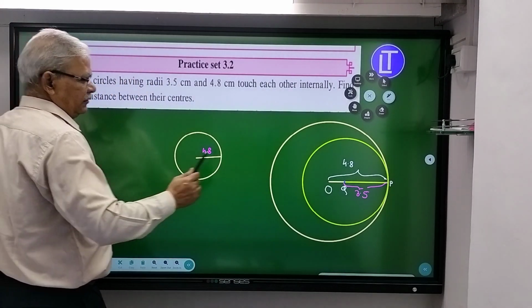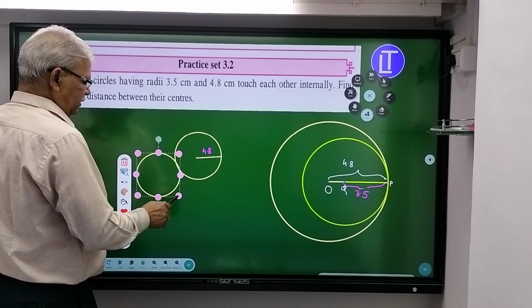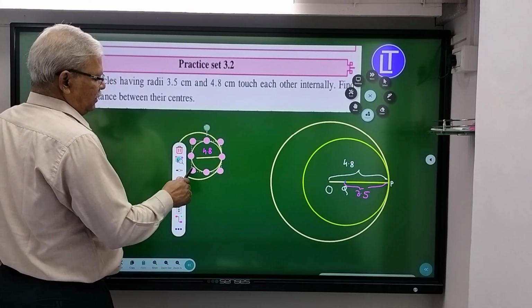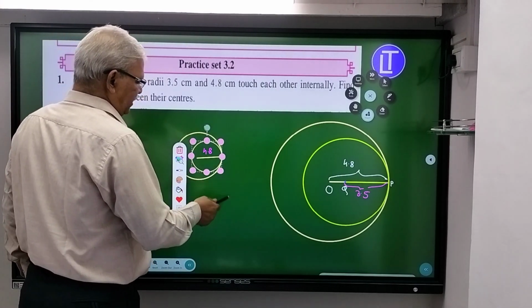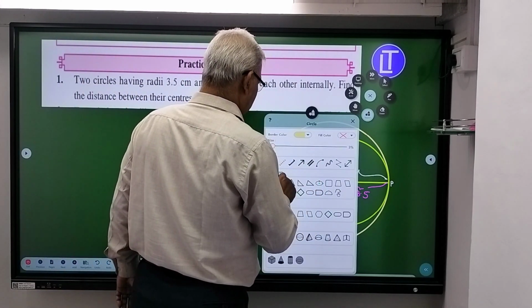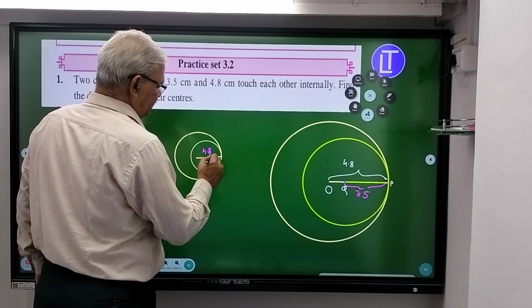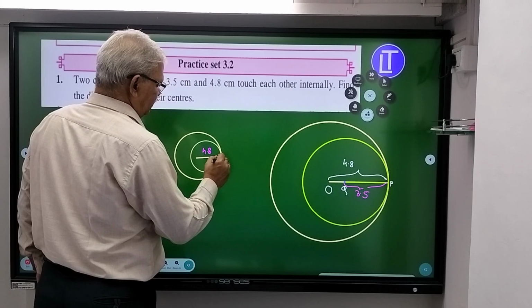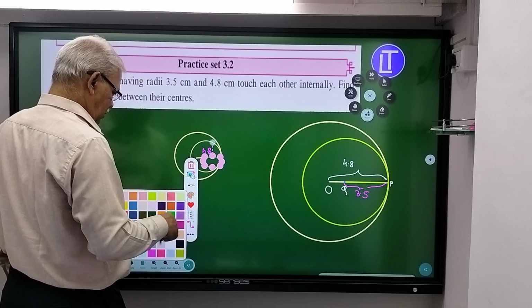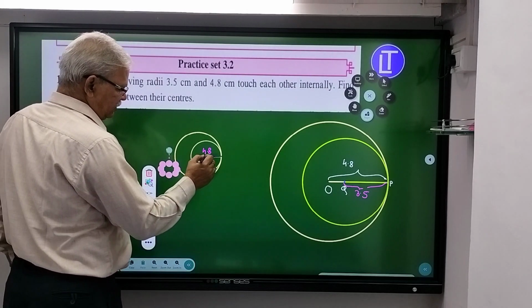Draw another circle like this and consider that its radius is 3.5. I am showing it in a different color.